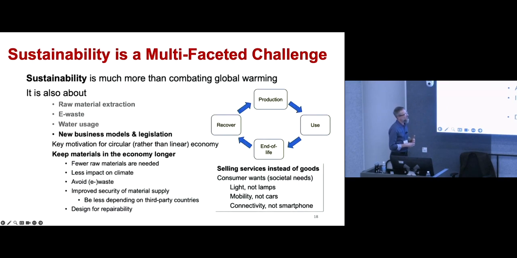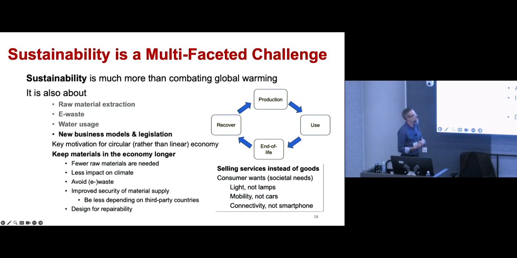And also, when we want to solve the sustainability problem, or at least reduce the environmental footprint of ICT, I think we also need to come up with new business models and better legislation. I'm sure we can design computer systems that are more sustainable, but this is not going to be a sufficient condition. It's going to be a necessary condition, but not a sufficient condition.